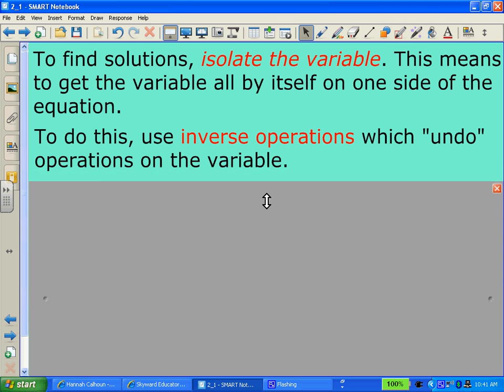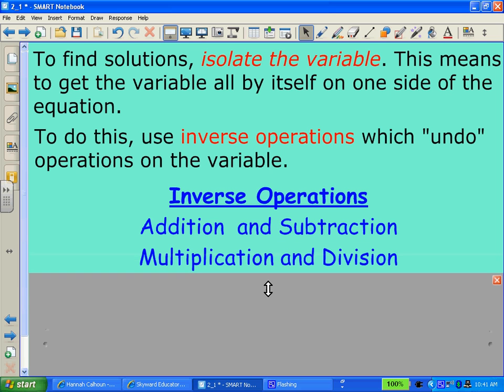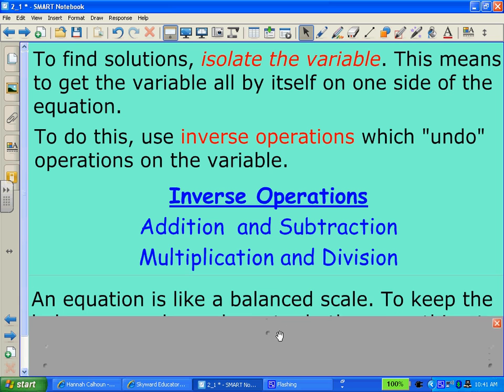To make this happen, we use inverse operations, which undo operations on the variable. For example, if a variable is being added, I'm going to subtract, because addition and subtraction are inverse operations. Multiplication and division are also inverse operations. So if a variable is being multiplied by something, to undo that, I'm going to divide.